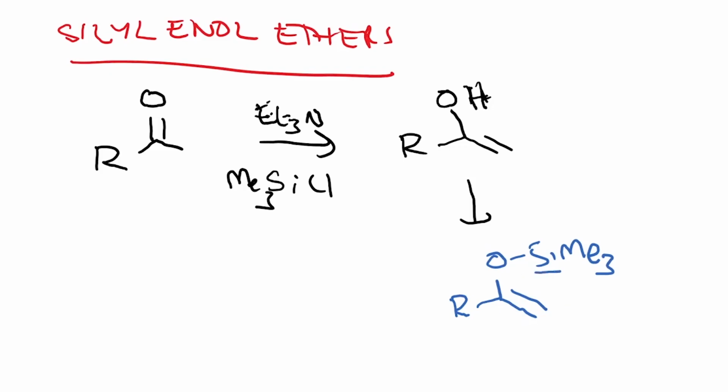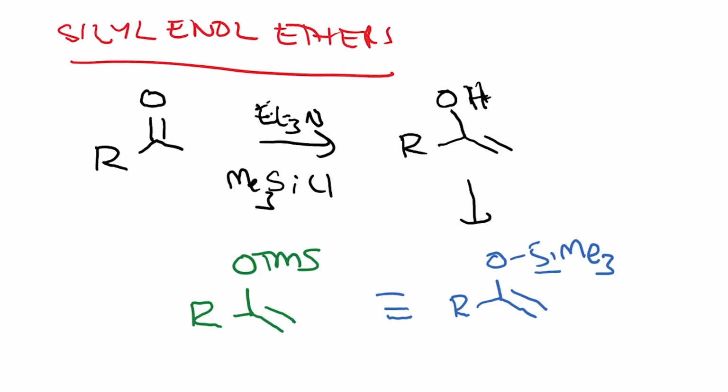So this is called a silyl enol ether. So sometimes this is also represented as ROTMS, which talks about the trimethylsilyl group. Okay, so this is the key reagent in this reaction.